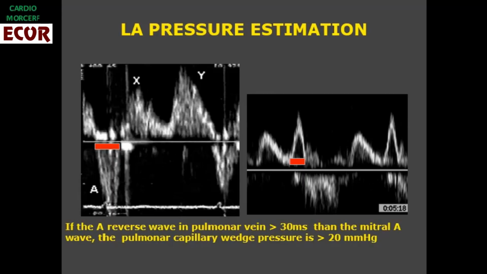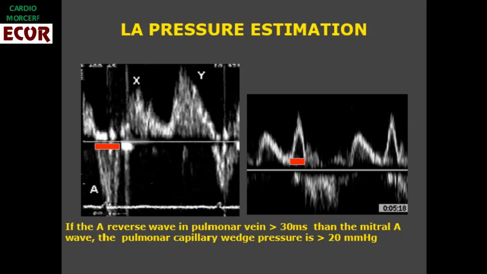Here, a comparison of the time duration of the pulmonary reverse A wave with the mitral A wave. The A reverse is more than 30 milliseconds longer than the A wave, which indicates a capillary wedge pressure usually more than 20 millimeters.